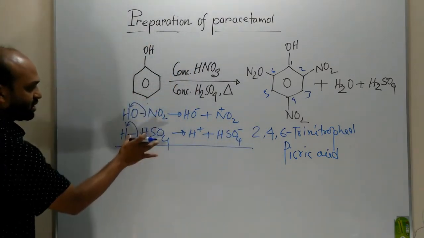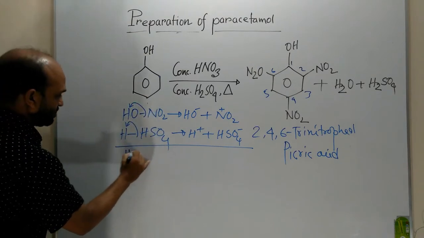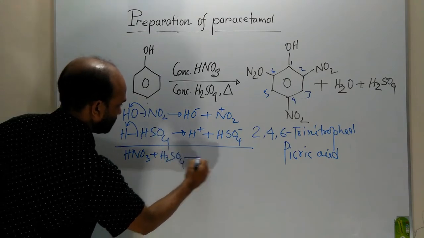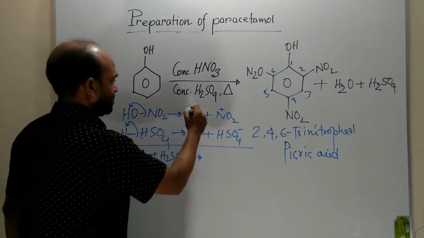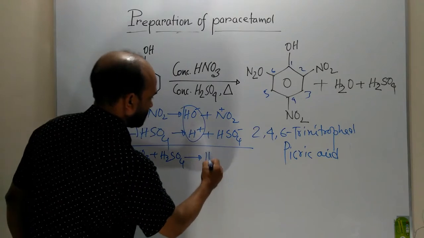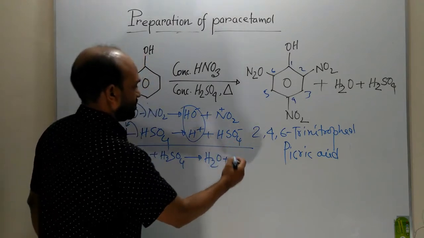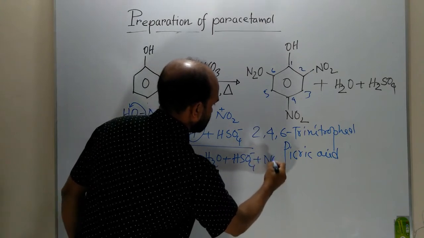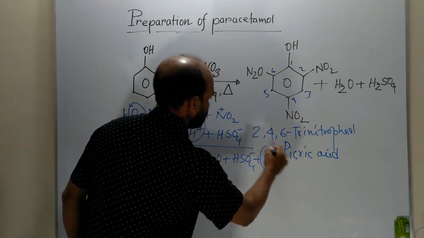So nitric acid plus sulfuric acid gives water, bisulfate ion, and nitro group as electrophile.